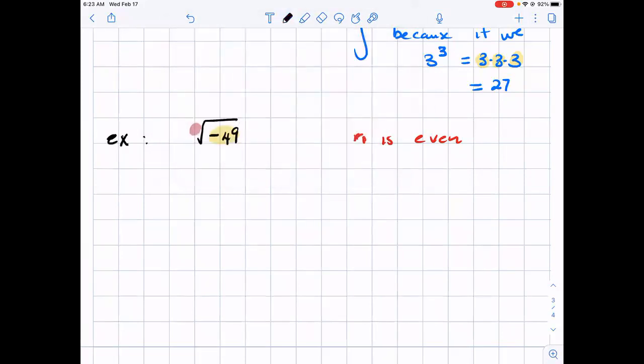Okay. The square root of a negative number is an imaginary number, or not possible. Or we say this is not real. It's not a real number.